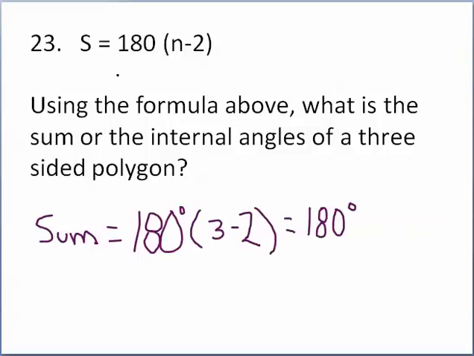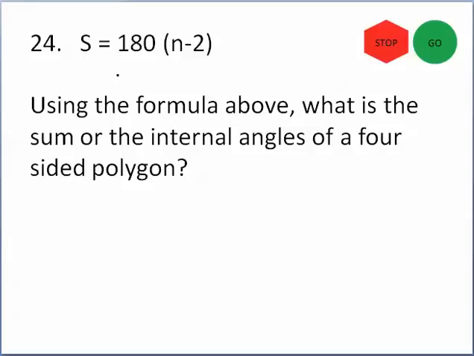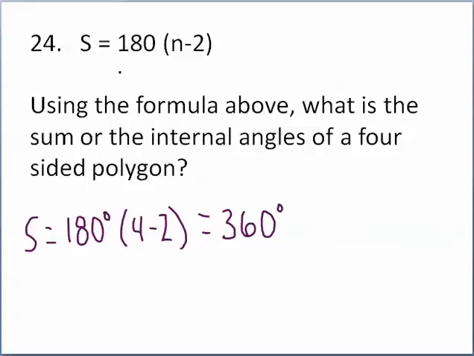All right, so what happens if you're dealing with a four-sided polygon, also called a square? Well, the n becomes 4 minus 2. 180 times 2 is 360, which is the total number of internal degrees for a square.